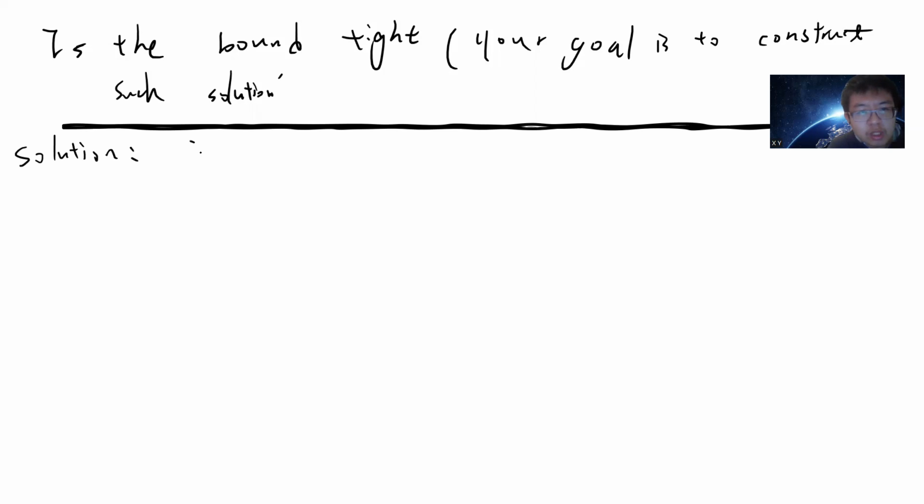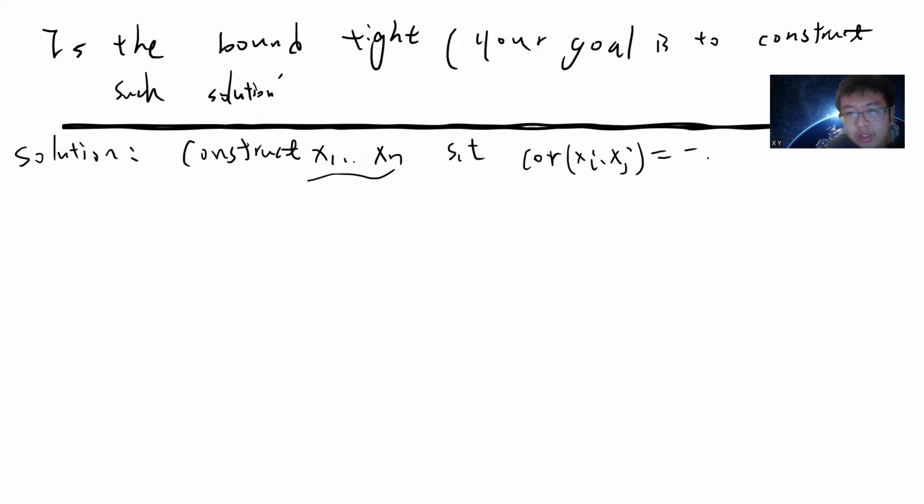So our goal is to construct x1 up to xn, all random variables such that their correlation for xi and xj is -1 divided by n-1 for i different from j. So let me start from independent ones.